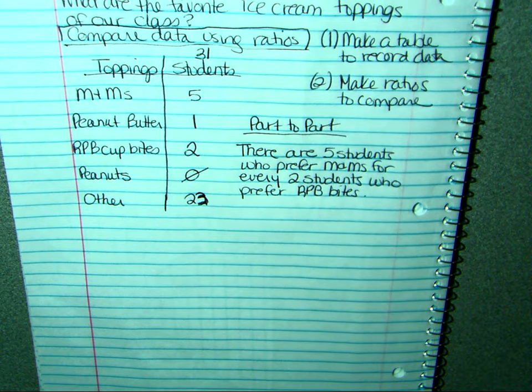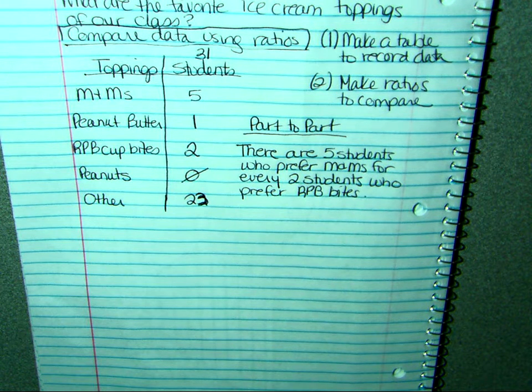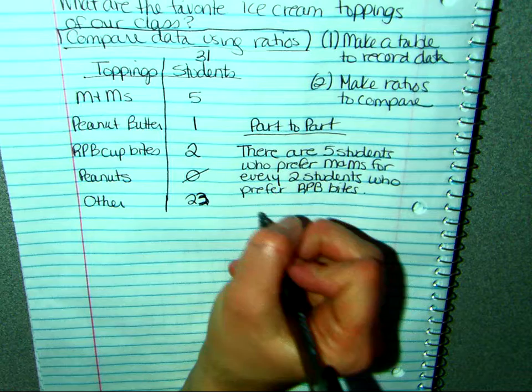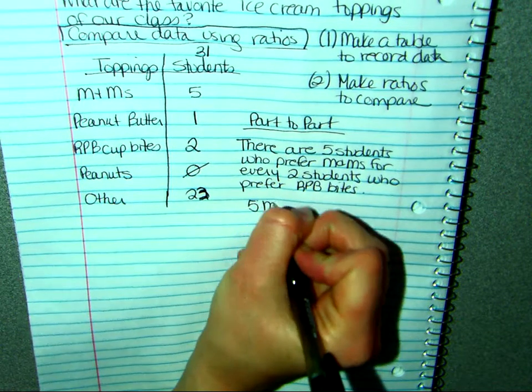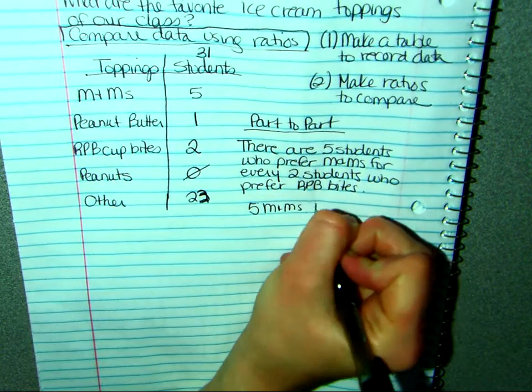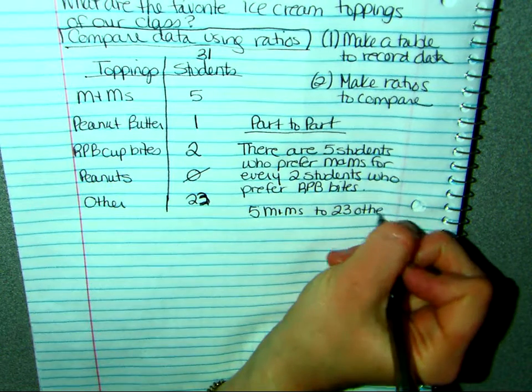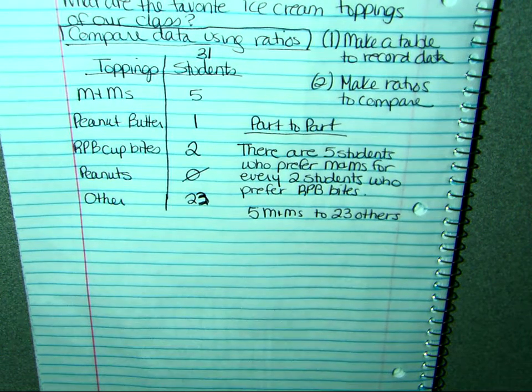All right. Can you give me another comparison of 2 parts? Maddie? M&M's and other. So, give me the ratio, please. 5 to 23. 5 M&Ms to 23 others. Good. Okay?